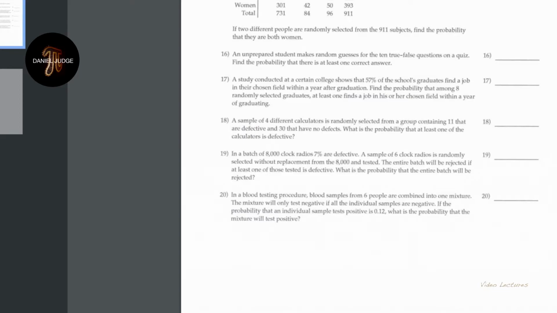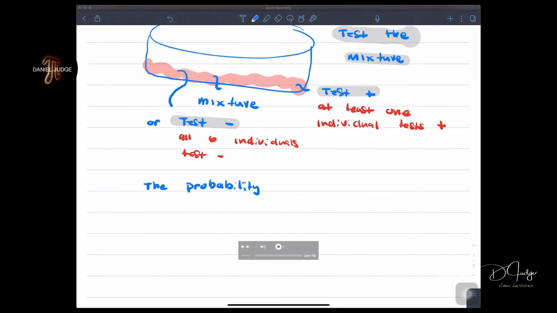That statement is referring to an individual. So the probability an individual tests positive is 0.12. Now that's for an individual. That's not for the sample. So that's the probability of a person, one of the six, testing positive.